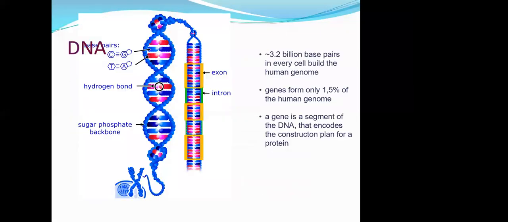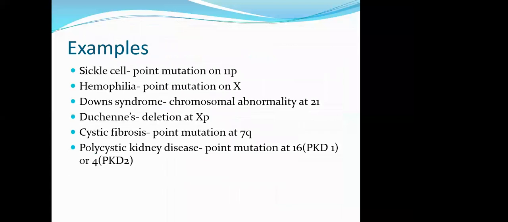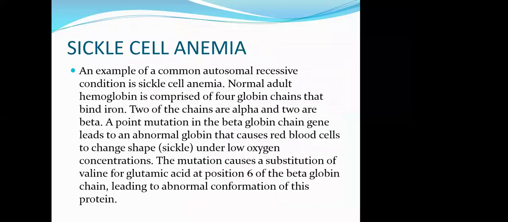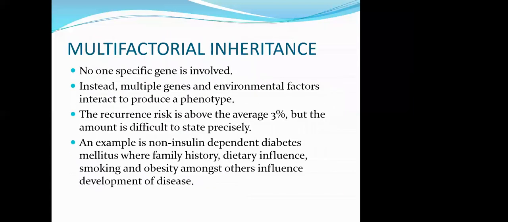These are the ones now I'm discussing with you, that these diseases have either multiple genes that are involved, or there's interplay with environmental factors. And the recurrence risk for this is approximately 3%. But it's difficult to state precisely. For example, diabetes. In non-insulin dependent diabetes mellitus, you could have a family history, hence genes.